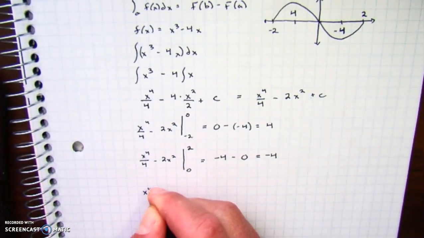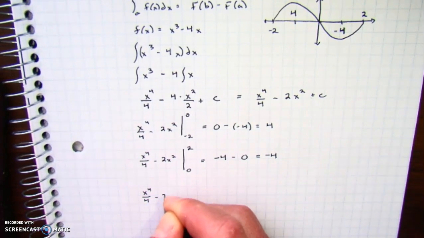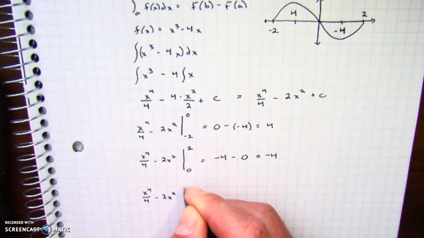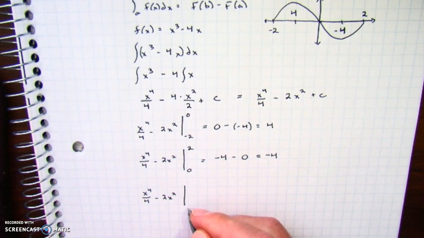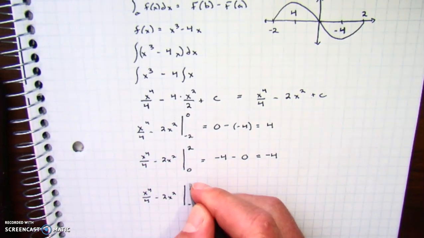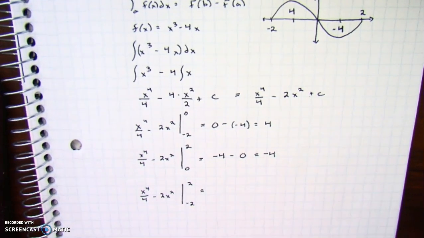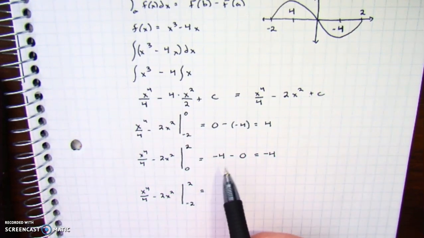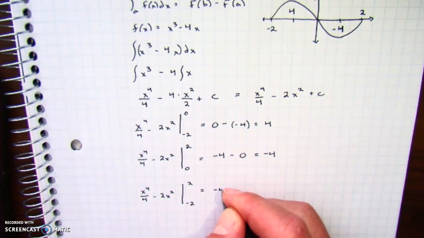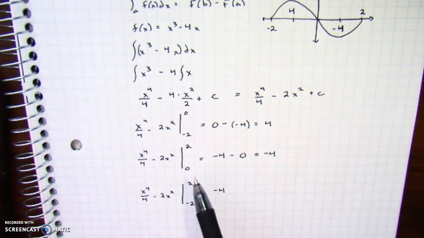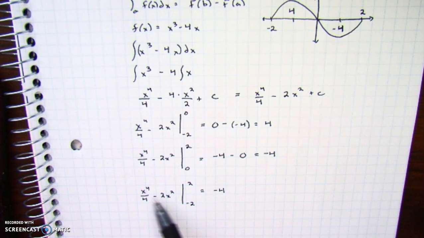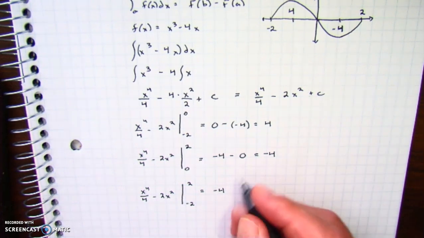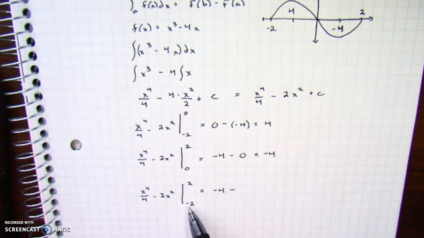So I've got x to the 4th over 4 minus 2x squared, and I'm going to go from -2 to +2. All right, so at +2, I know that this is going to be -4. And again, you can figure that out if you want. You just plug in 2 for x. Then you're going to subtract the value at the bottom.